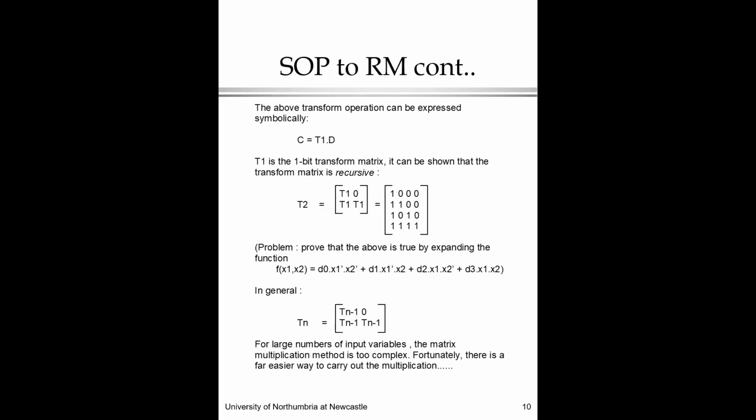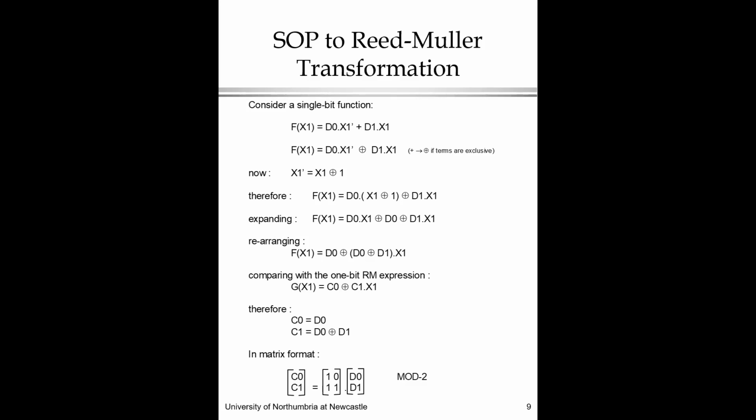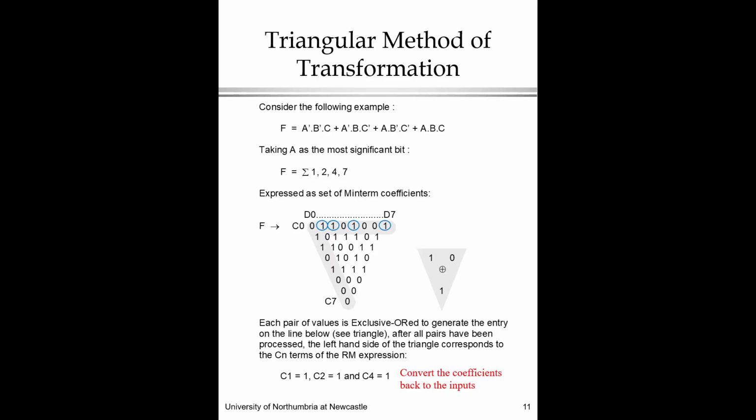Okay, so now we are going to talk in depth about the triangular method of transformation. This is the SOP, sum of products, to Reed-Muller transformation. The triangular method is an easier method to do the transformation of a circuit to a Reed-Muller circuit.